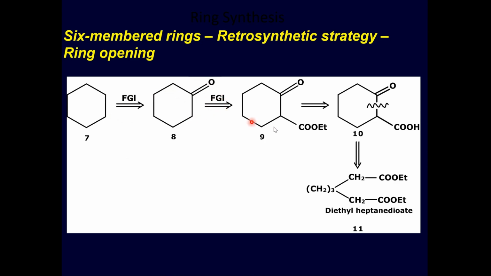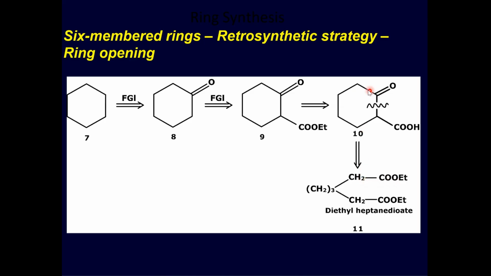Again I do functional group interconversion by adding COOEt to the ortho position. I break over here between the two functional groups. C-C breakage. If I break over here, if this is CO, I add OEt.